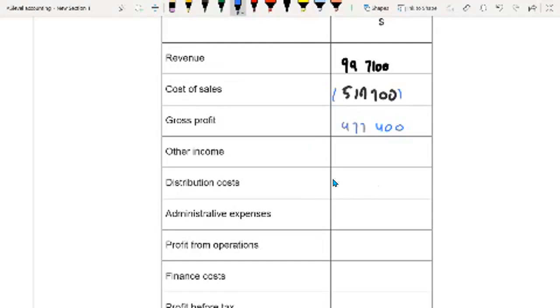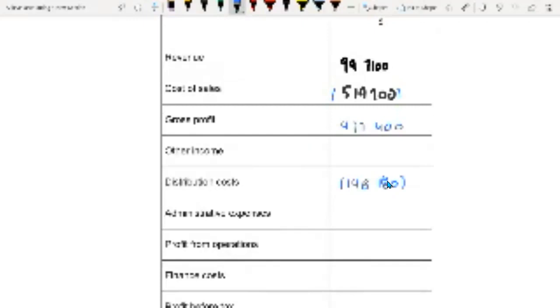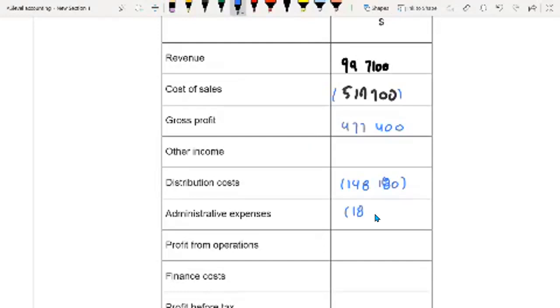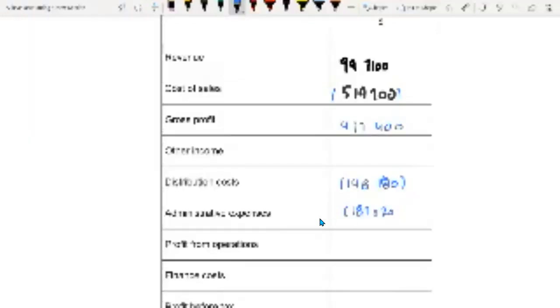So in the distribution cost, we found that 148,180 was the cost of distribution, and administrative expenses was 187,020, and the finance cost, which is 7,400.